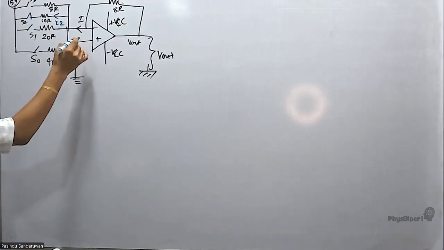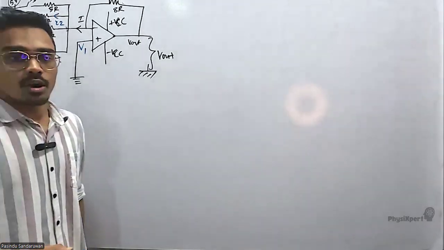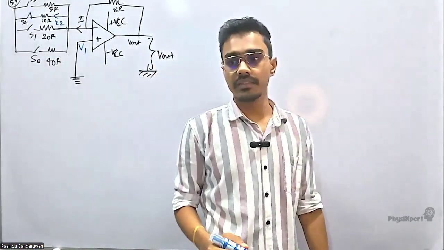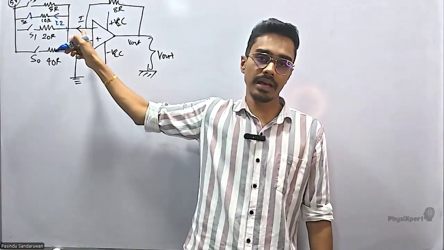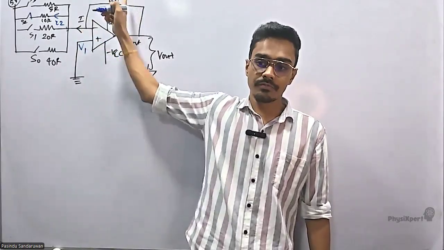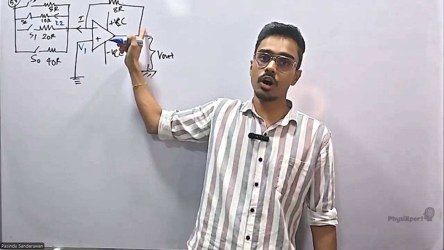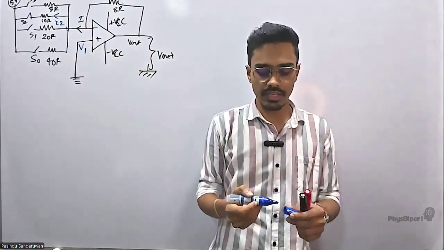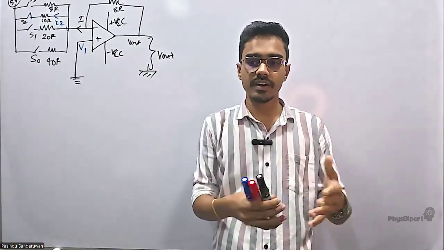Now we know this is called V1 of an op-amp, the non-inverting voltage. And this is called V2 of an op-amp, that is the inverting input voltage. If the op-amp is in feedback, meaning the output is connected to the input, according to the golden rules, V1 equals V2.